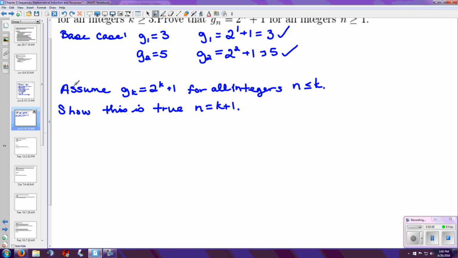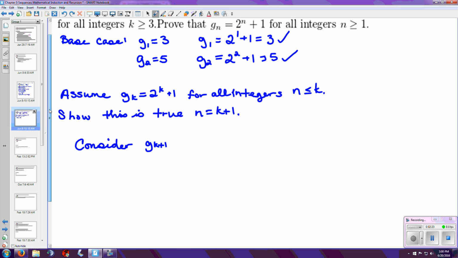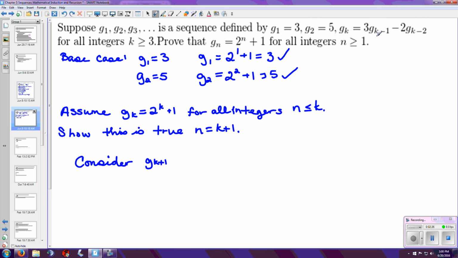Okay, now that we have our base case and our hypotheses labeled, let's go ahead and dive into our inductive step. Consider for a moment g sub k plus 1. Based on the formula that they gave us on the previous terms, let's change these out.